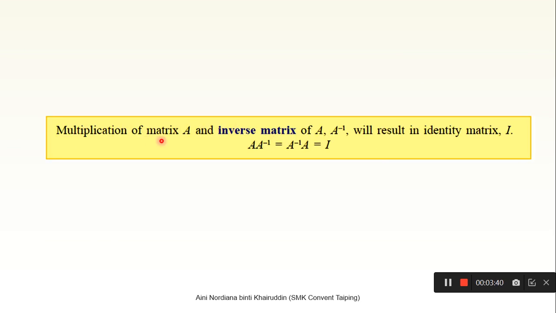The multiplication of matrix A and the inverse matrix of A, which is how we write an inverse matrix, will result in the identity matrix I. So a matrix multiplied with its inverse, or its inverse multiplied with the matrix, is equal to I.